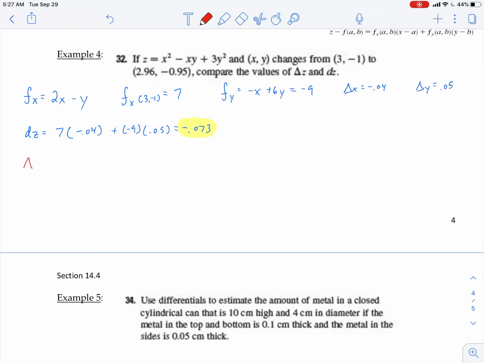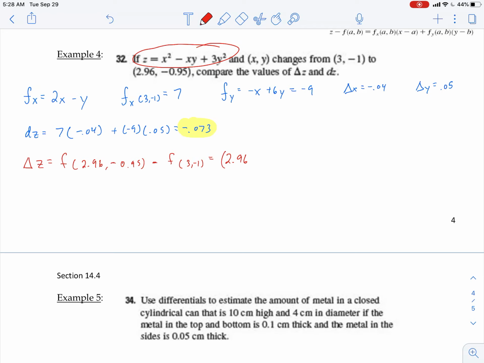So we just want to find the total change from our initial to where we went. So when we're looking for total change, our delta z, we're plugging both values into our function there.